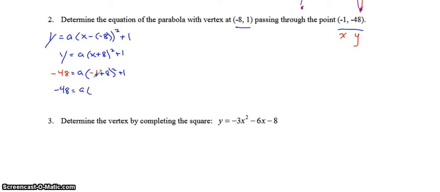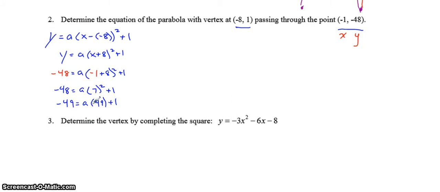So brackets, -1 plus 8 is 7. Exponents, 7 squared is 49. And you can't do any more BEDMAS because these are not like terms.